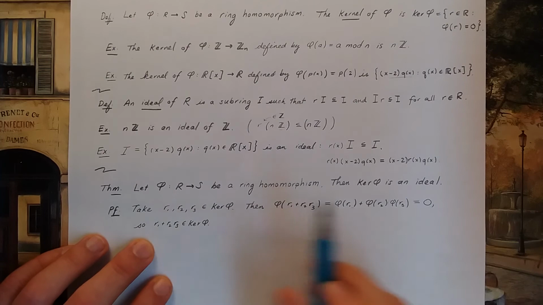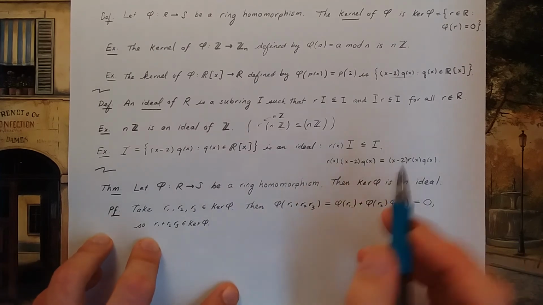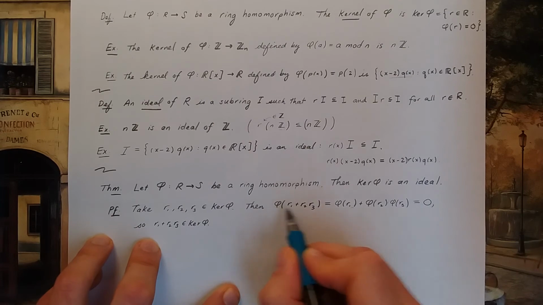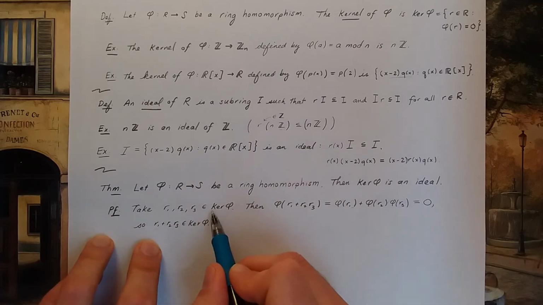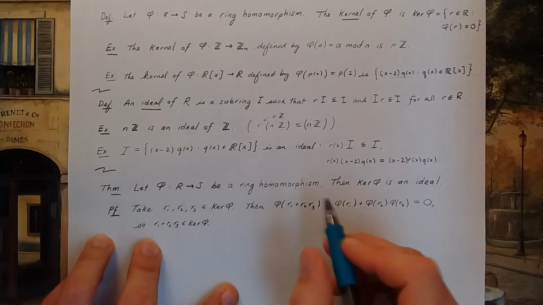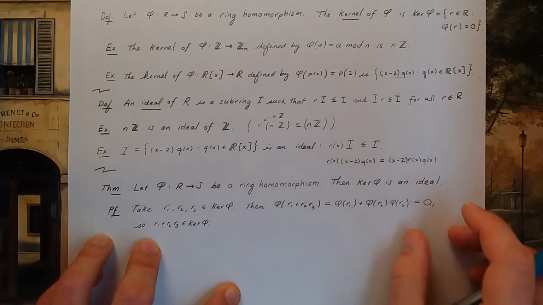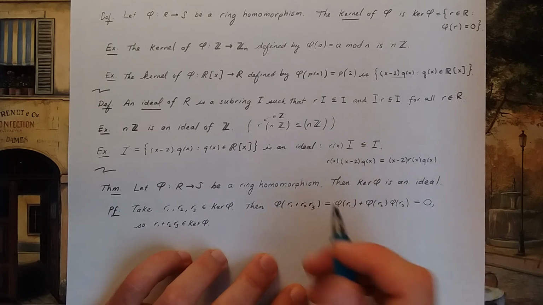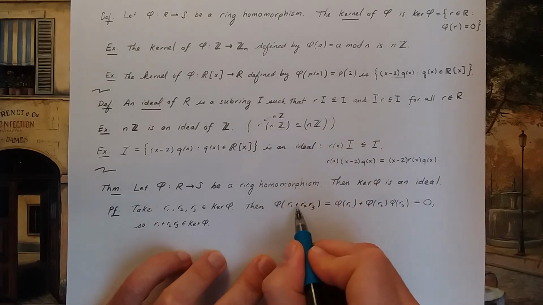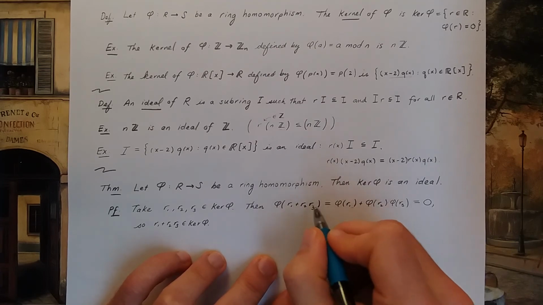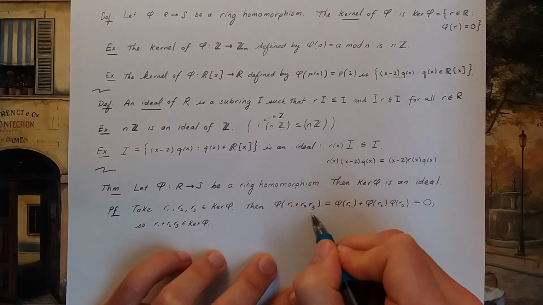I kind of showed in one fell swoop that this subset, the kernel, is closed under addition and multiplication. It's because I could take r3 to be 1, for example. My definition of ring says it has unity.